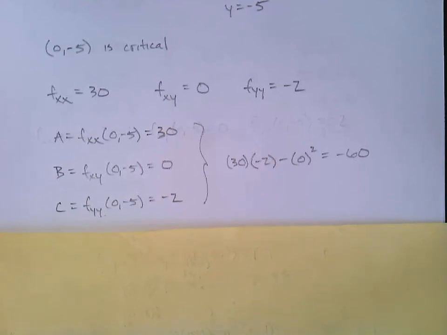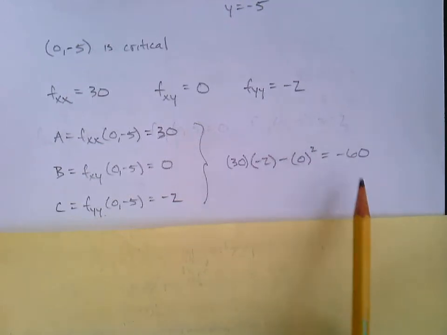Okay, so then we're going to find AC minus B squared. A times C minus B squared. I've got it right here. And we got negative 60. Okay. So at this point, we'd go back to the theorem.